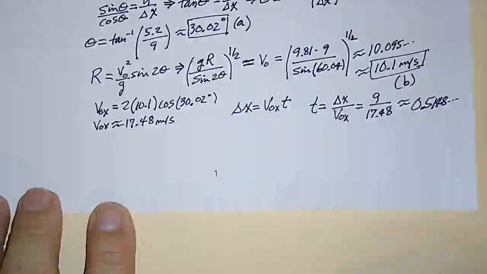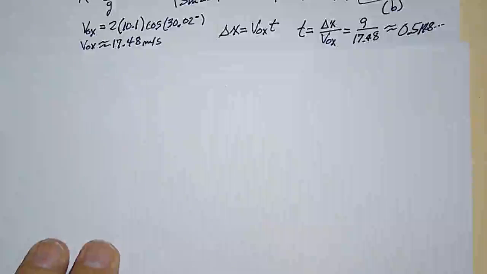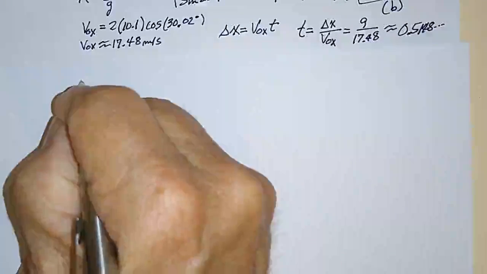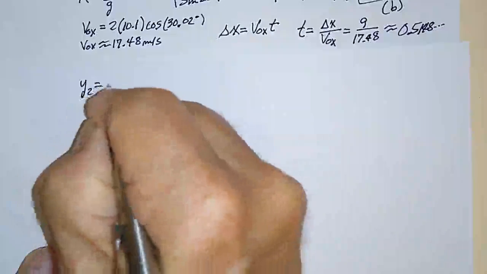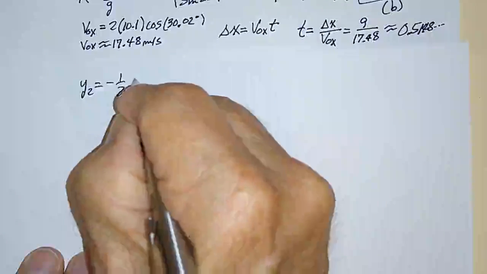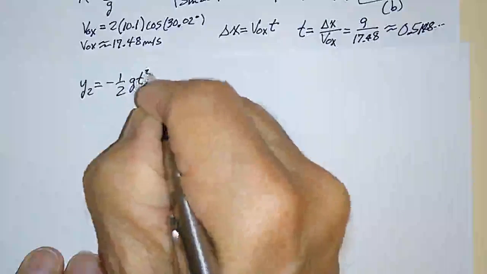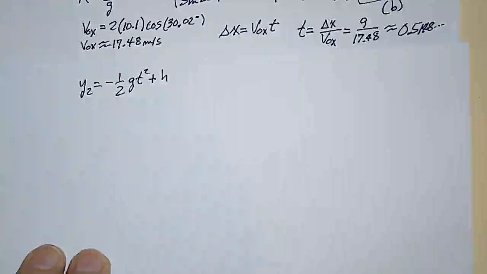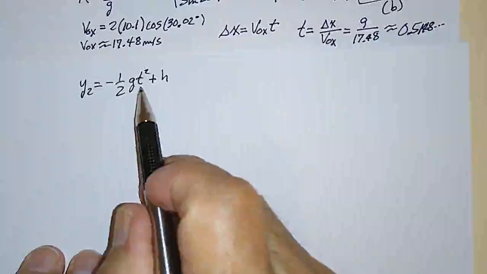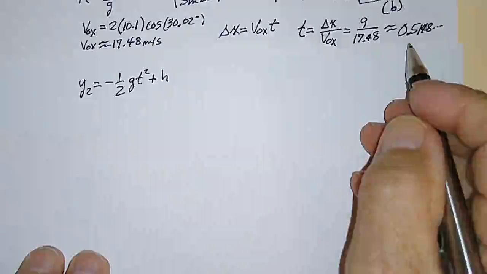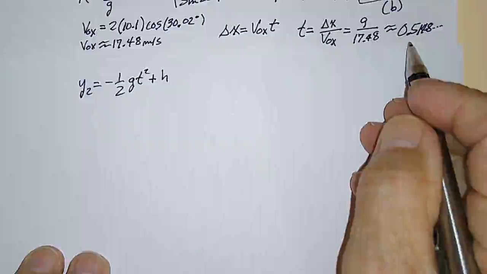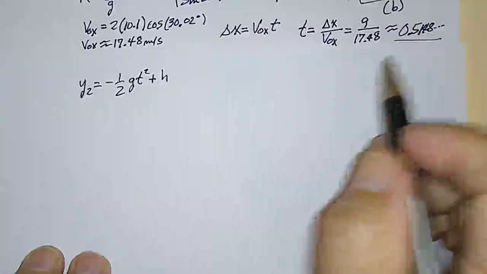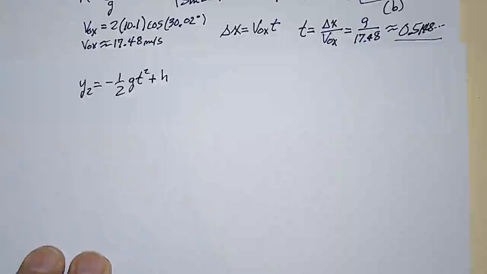So now what I have to do is take the equation for the monkey, the y equation for the monkey, y2, which is equal to minus 1/2 g t squared plus h, and plug into it the time that has elapsed since the banana left the cannon, which is right here, when it's going twice as fast as the minimum speed.